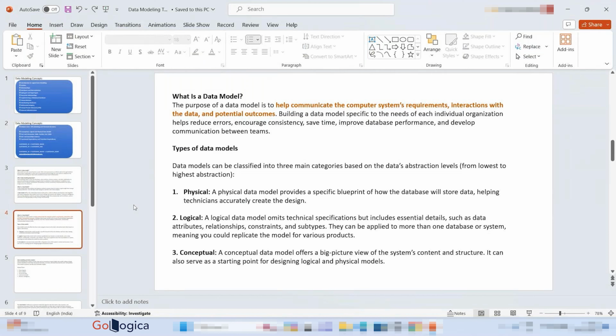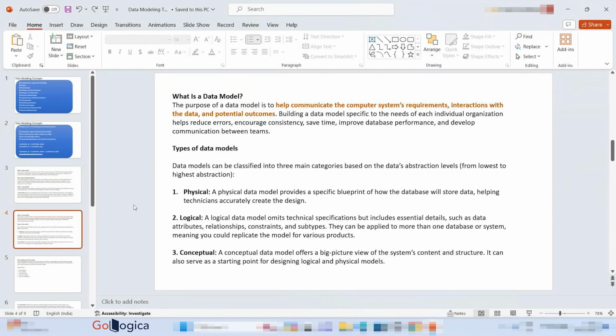The ER diagram is called our relational model.